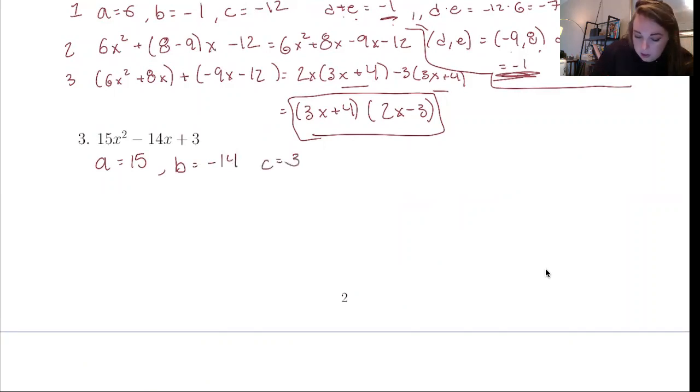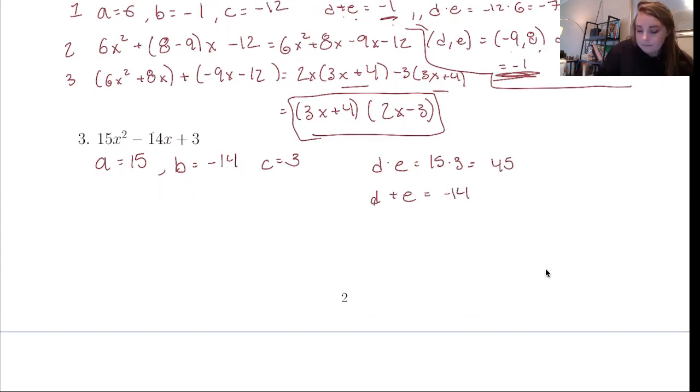You could not include the negative, but then when you put in 14, you have to distribute the negative. Just take the negative with you. I think it'll be less confusing. Okay, so I want things that multiply to be 15 times 3, which is 45, and they add to negative 14.